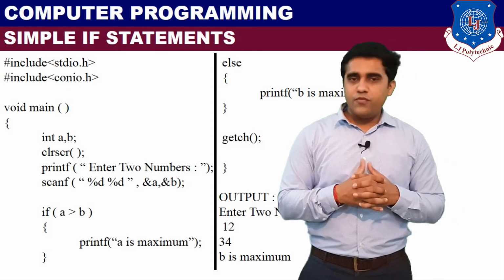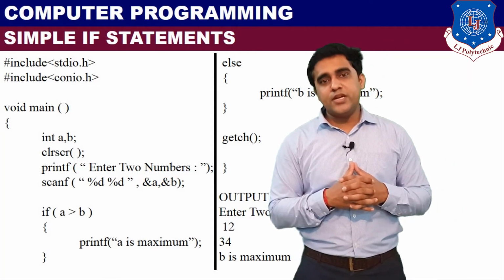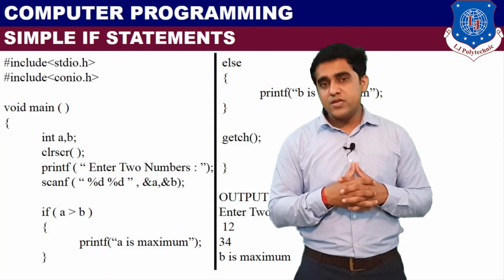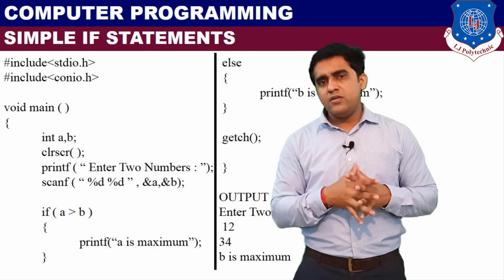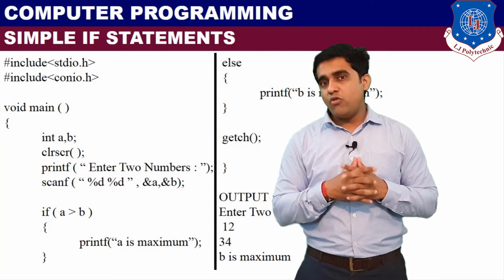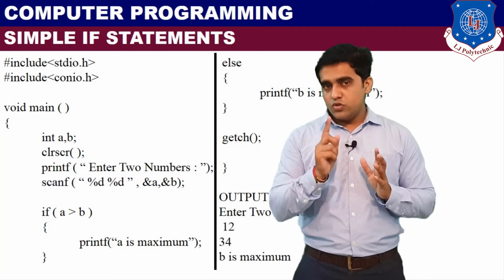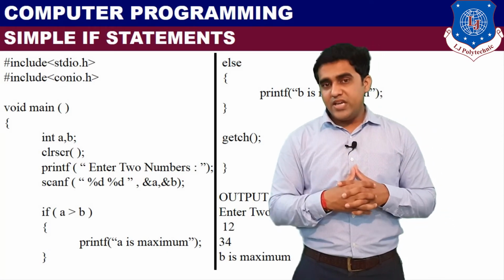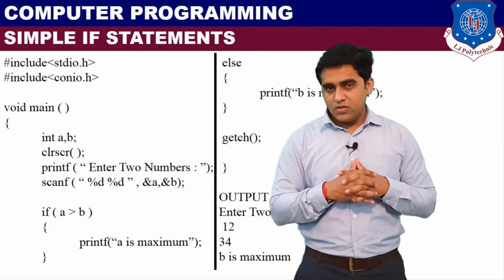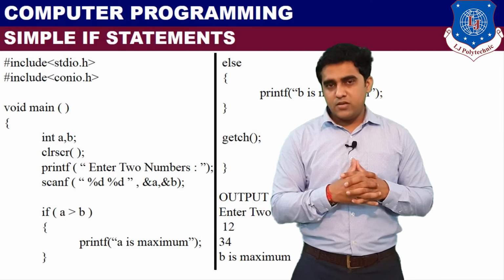Printf enter the value of a, scanf %d, ampersand a and ampersand b. So now we have two variables a and b, and we need to find out which number is the maximum. So first we will use if in brackets a greater than b, then curly bracket.